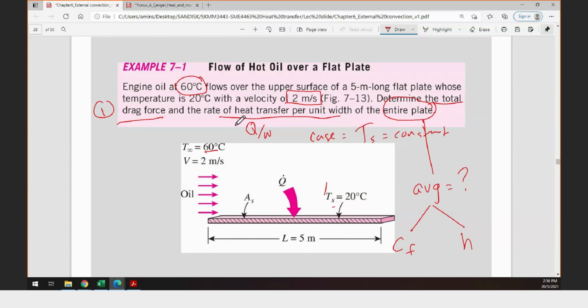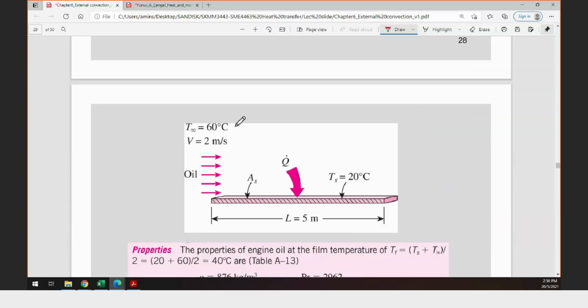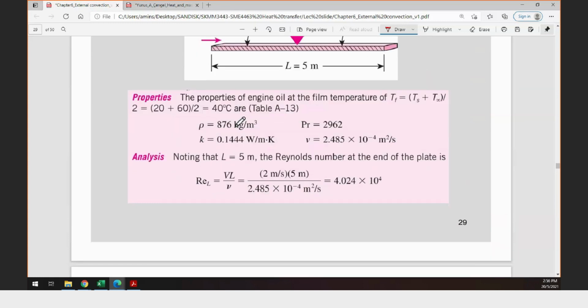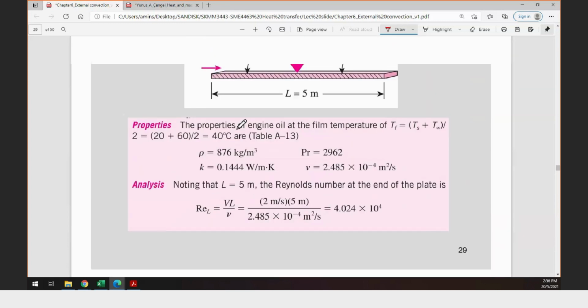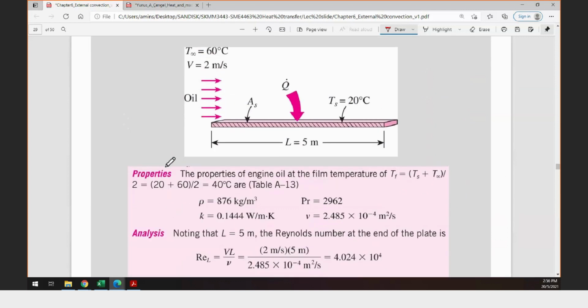If you look at the solution in the textbook, first define the properties. The properties are defined at the film temperature, between the fluid temperature and the surface temperature. So 20 plus 60 is 80, divided by 2, gives 40 degrees Celsius.